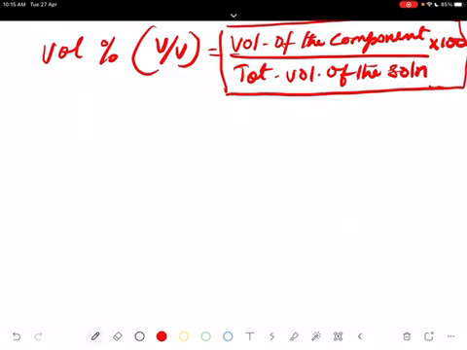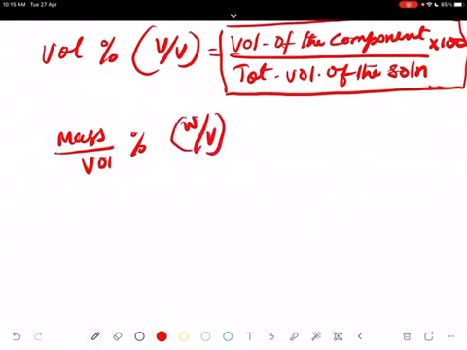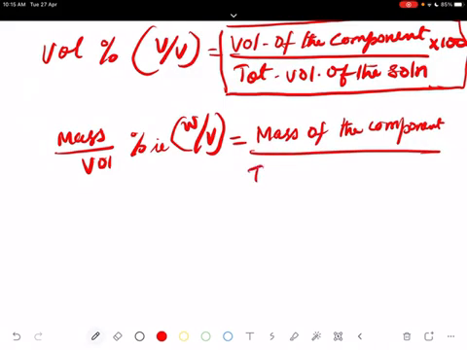Now mass by volume percent. Mass by volume percent, that is W/V, is equal to the mass of the component upon the total volume of the solution into 100.